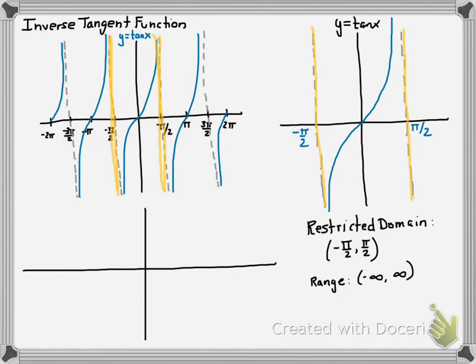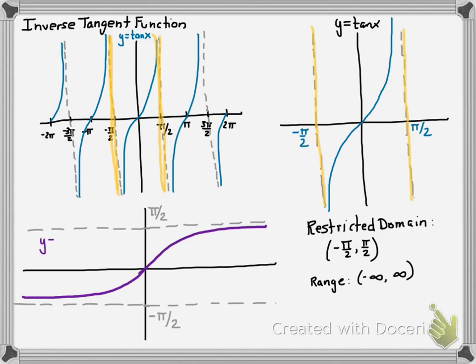So our inverse tangent function is going to have some horizontal asymptotes at pi over 2 and negative pi over 2. So the horizontal asymptotes are y equals pi over 2 and y equals negative pi over 2.